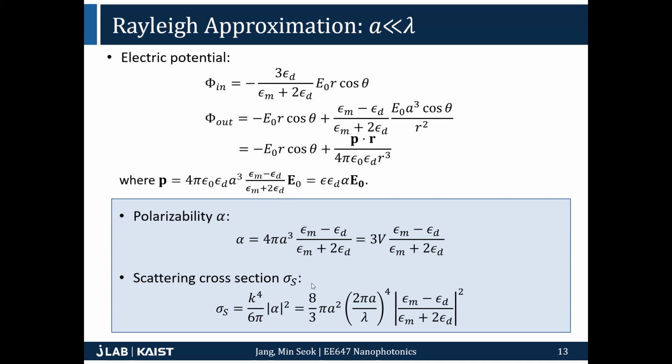And then the scattering cross section is proportional to the square of the polarizability and the fourth power of the k vector. So if you combine them, you see the scattering cross section is proportional to the fourth power of the size of the particle. Okay, so that's a simple derivation of why, in the Rayleigh approximation, in the small particle limit, your scattering cross section is proportional to the fourth power of the size of the particle.